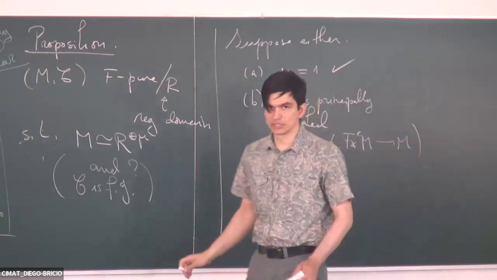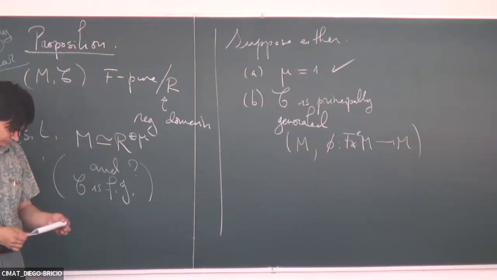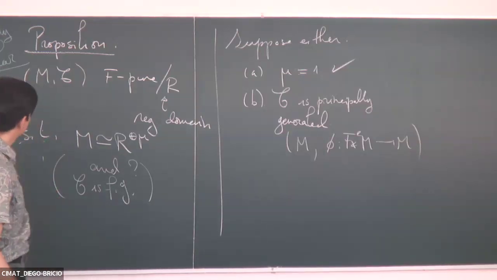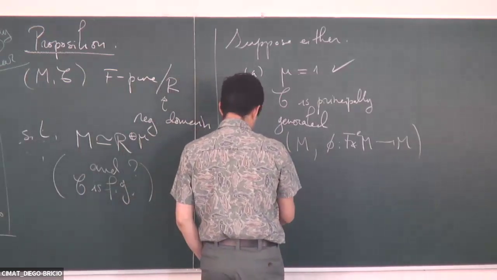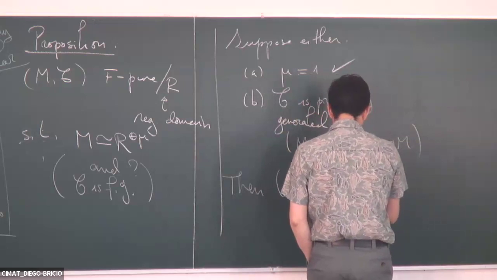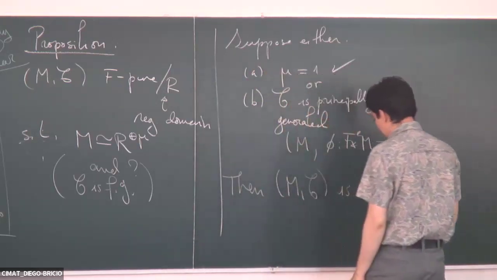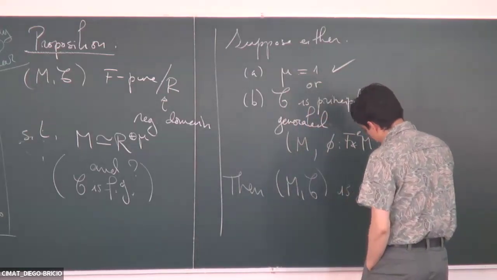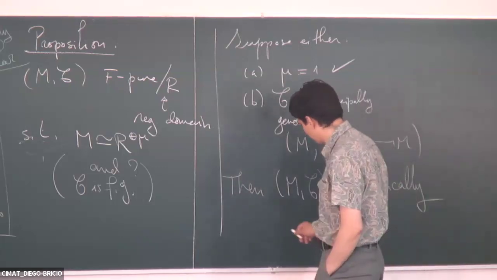We have one single action. Then the conclusion is that M, comma C, in either case, so I put an or here, in either case is generically regular.